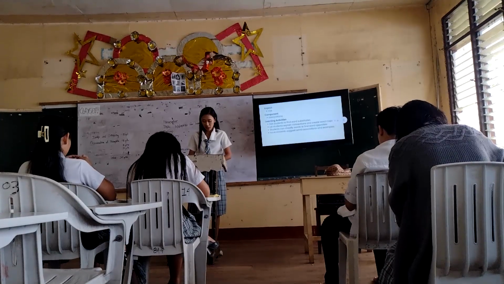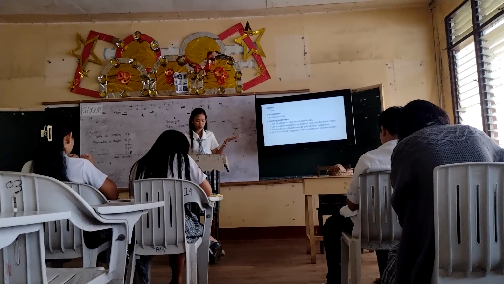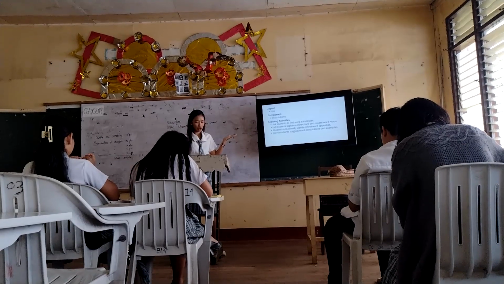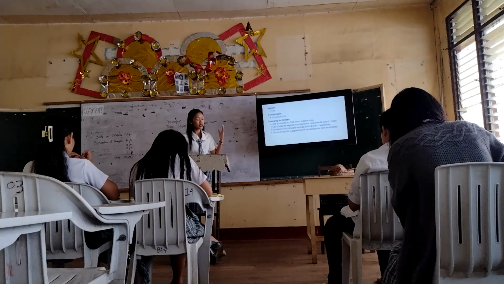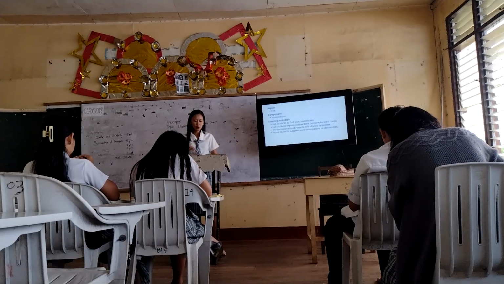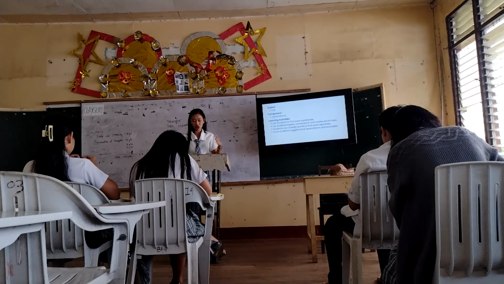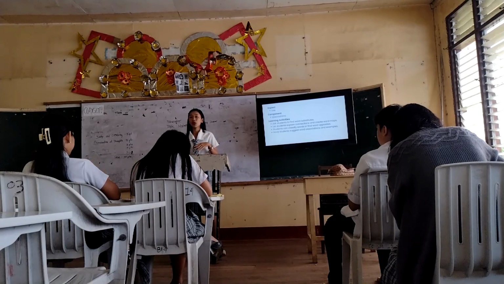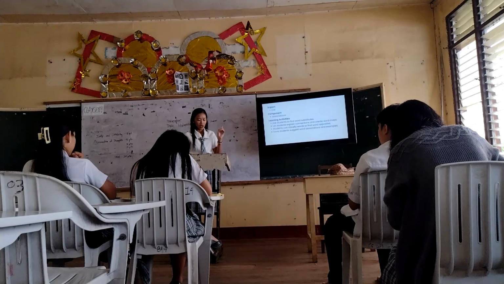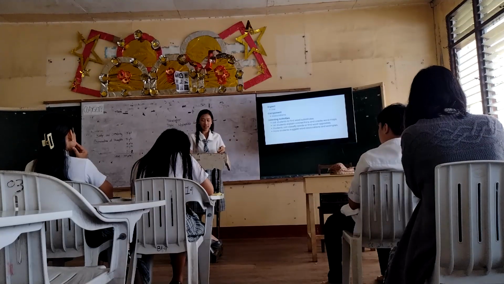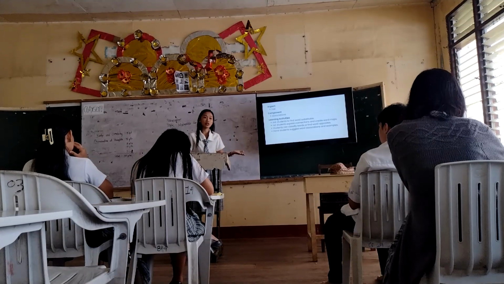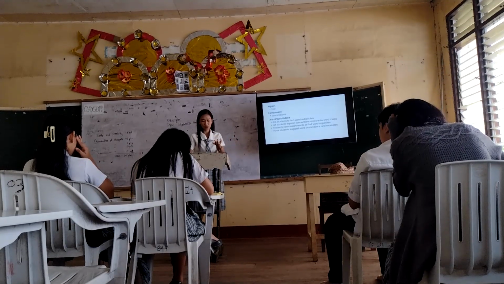So we have here another aspect, which is use. The use aspect of vocabulary focuses on students understanding how to apply words correctly in context. It goes beyond knowing a word's meaning. It helps students understand how a word is used in sentences, phrases, and communication.